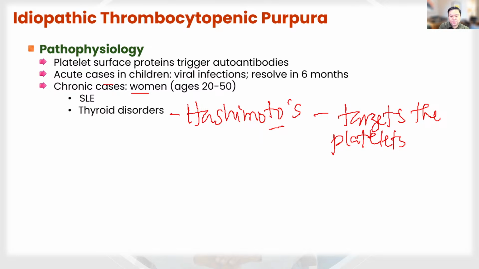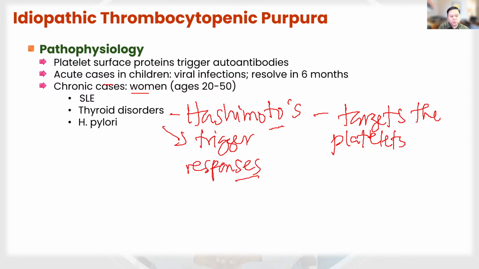All right. And in some cases, an infection like Helicobacter pylori, or H. pylori, will affect some individuals and can also trigger immune responses. H. pylori, are you familiar with that bacterial infection inside the stomach?